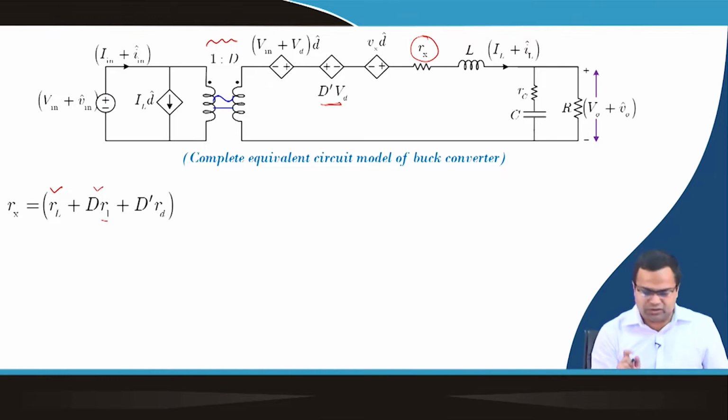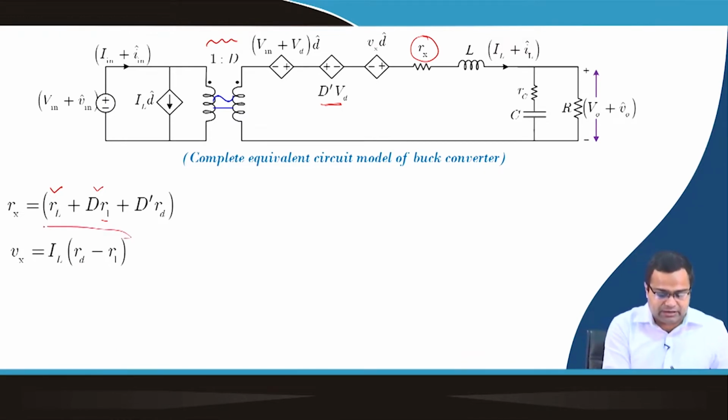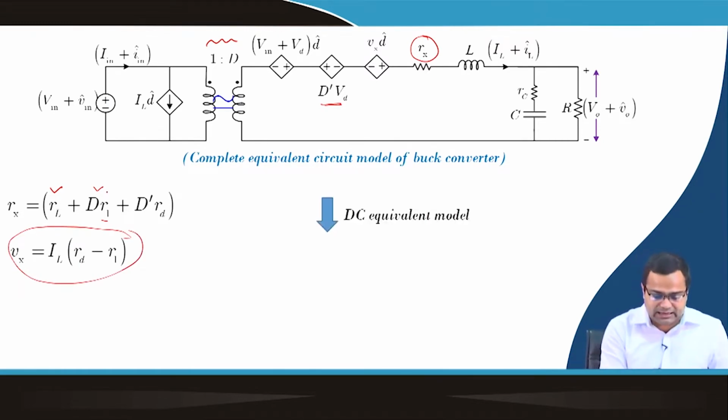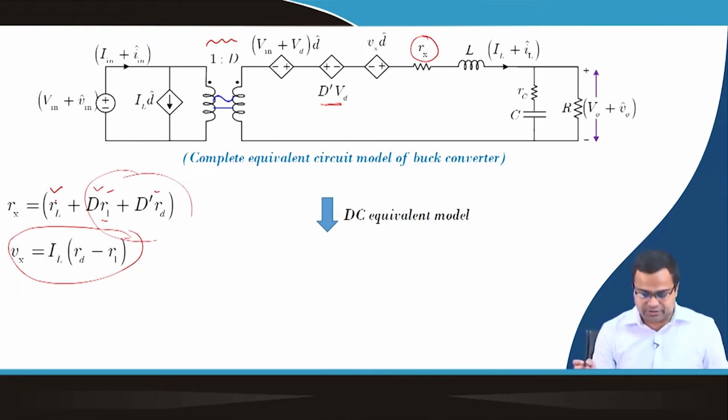So this is a more generic model which can be used to derive the model for the synchronous buck converter, where Vx is RD minus R1. If these two are identical, this term becomes 0, and this term will also become R1, which is equal to RD. So it is RL plus R1.